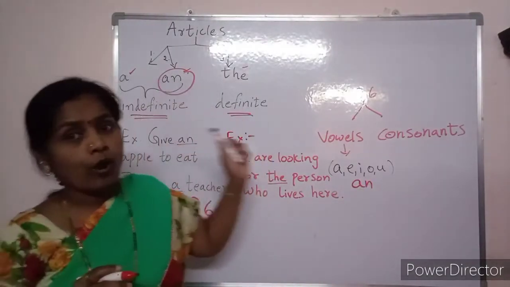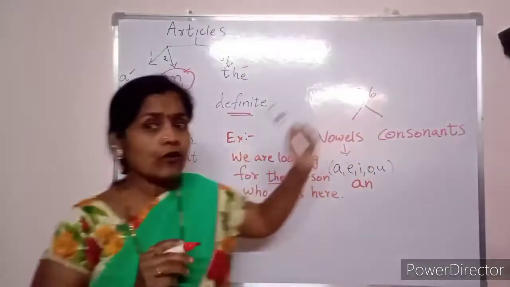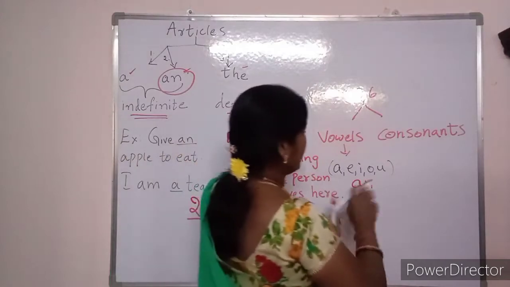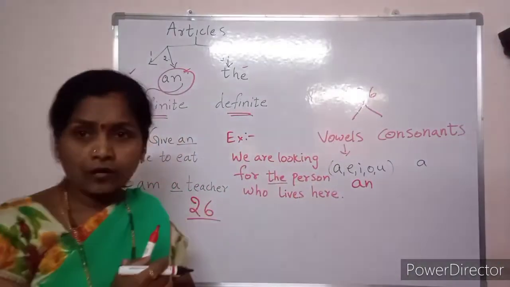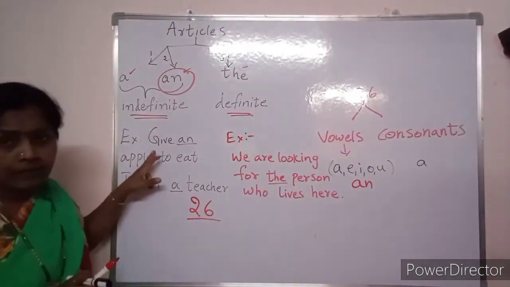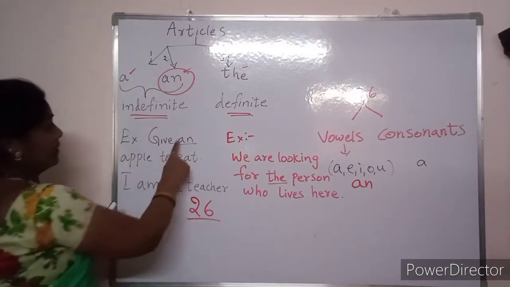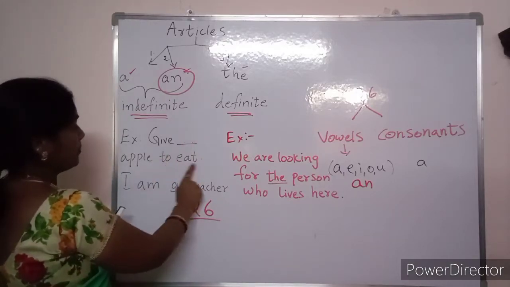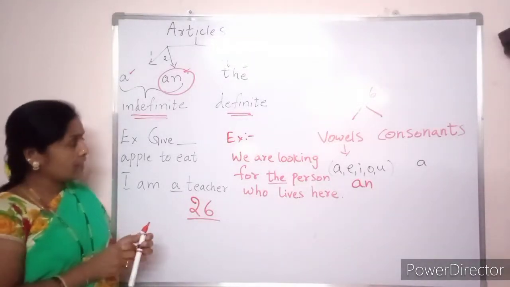The remaining words, if they begin with consonant sounds, before them you have to use a. Understood, all of you? For example, I have written here: give dash apple to eat. Apple, an a sound we are getting. So what should we write?